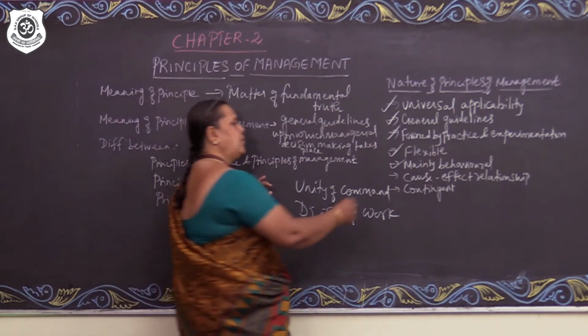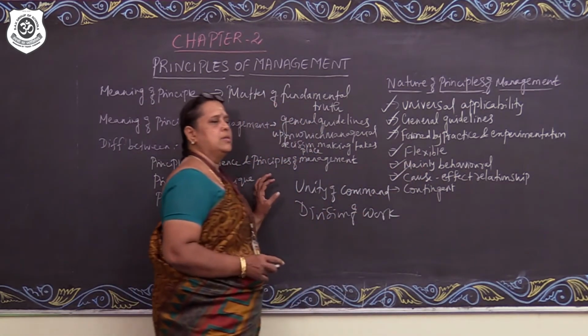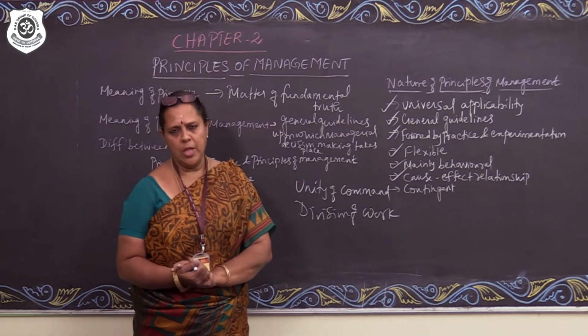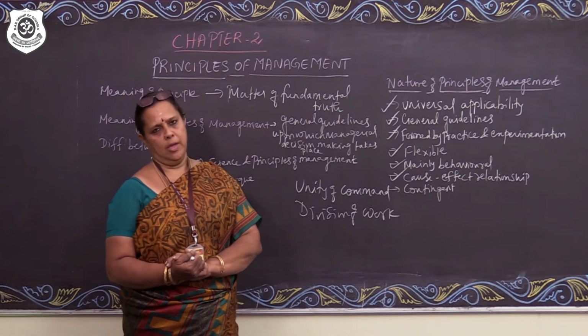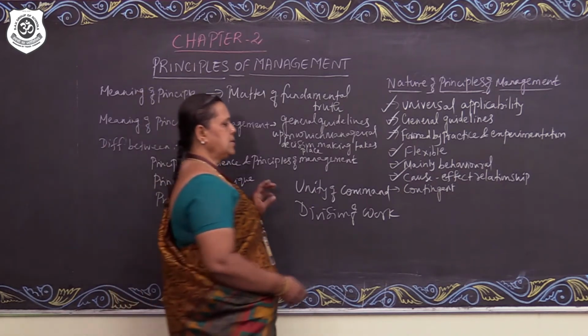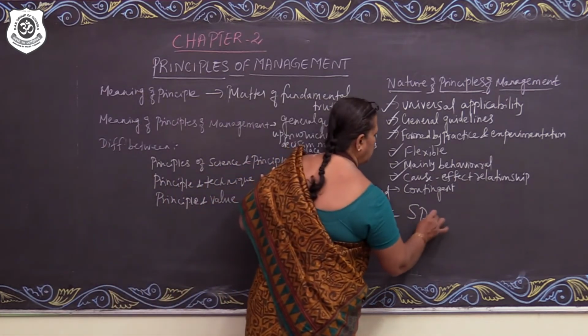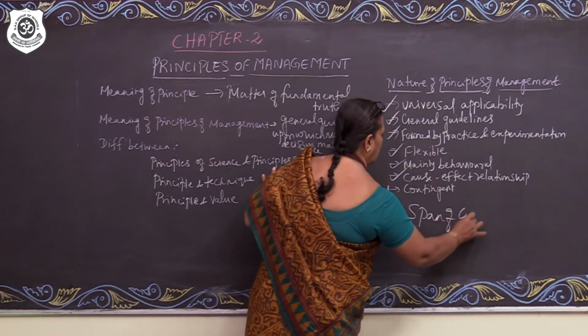The next is every principle of management has a cause-effect relationship. So the manager can clearly say if this is the cause, this is the effect. For example, let us take the example of a principle called span of control.